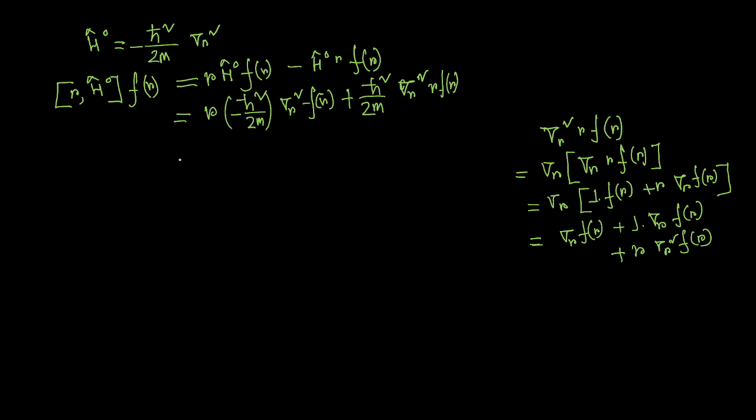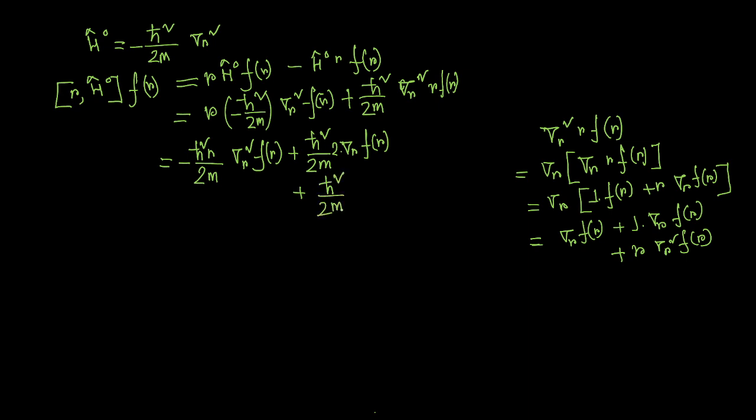So you can write h cut square by 2m r delta r square fr, plus h cut square by 2m times 2 delta r fr, minus h cut square by 2m r delta r square fr.